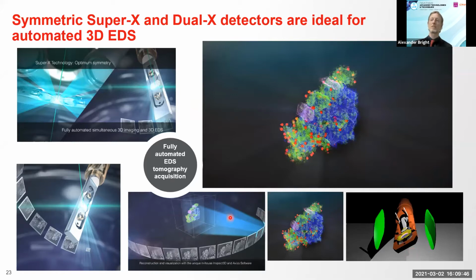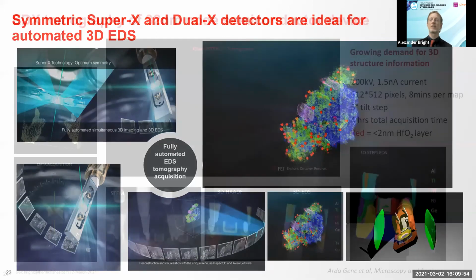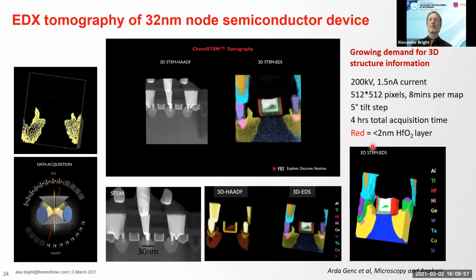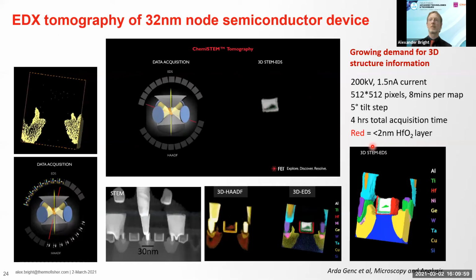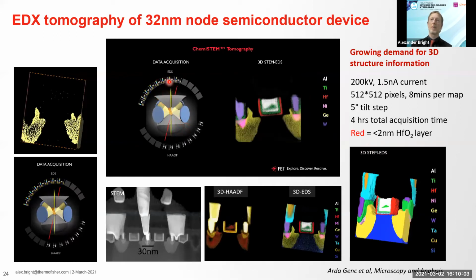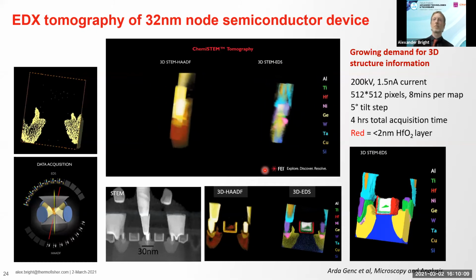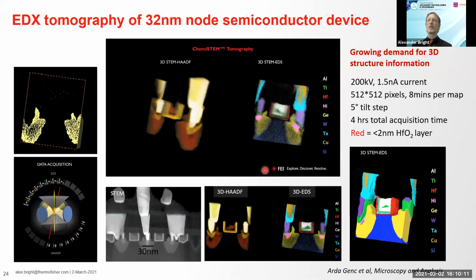So we acquire an EDS map at each tilt angle, and then we can reconstruct to form this kind of 3D elemental map. So here's an example from a 32 nanometer semiconductor device. We're acquiring an elemental map at each tilt angle and then reconstructing to form a 3D data set showing the position in 3 dimensions of each of the elements.